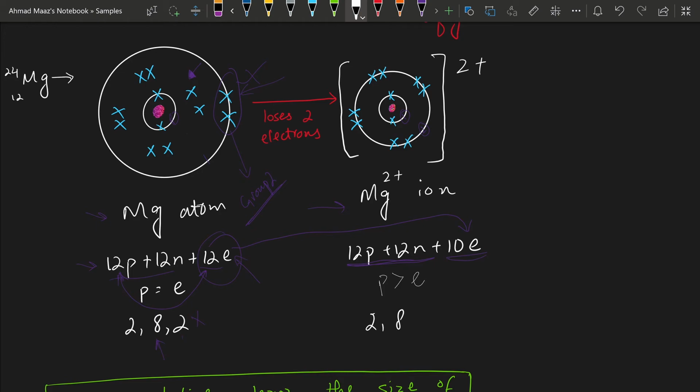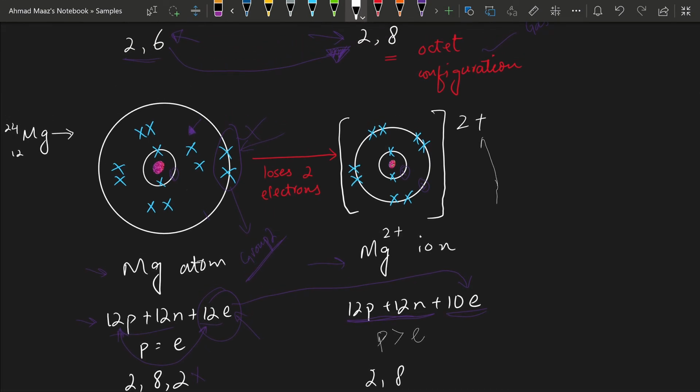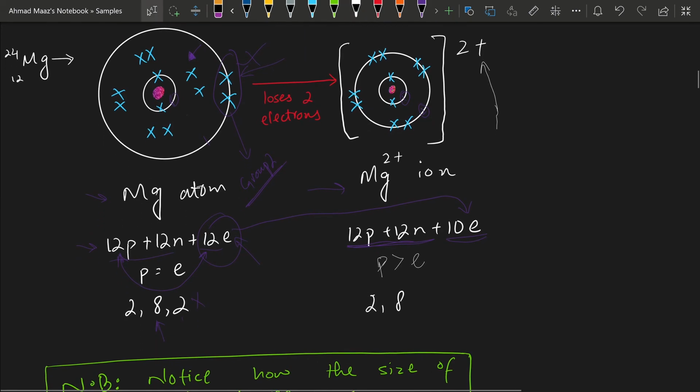That is why magnesium has a net charge of positive 2, because there are 2 fewer electrons than protons. There are 12 protons, that means 12 positive charges, and there are 10 electrons, that means 10 negative charges. So there is a net charge of plus 2.